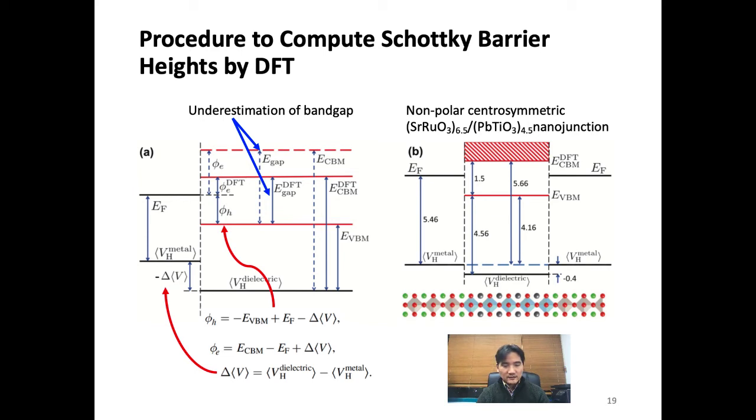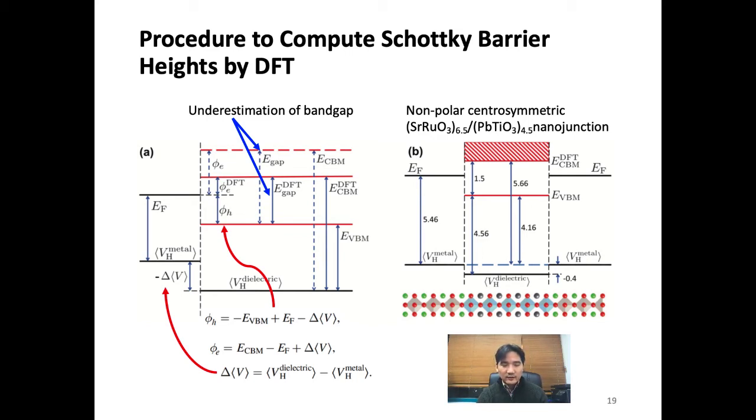So you can see in this case that even though the E sub gap calculated by DFT is smaller than the real E sub gap, the Schottky barrier height calculated by DFT, phi sub E DFT, is a positive value. So you can still maintain the Schottky barrier between the SRO and PTO layer. And as we just mentioned, in the third step we align the electrostatic potential level with the Hartree potential for each layer.